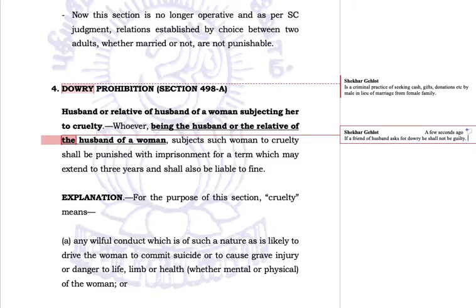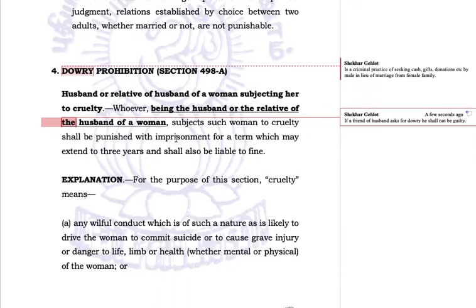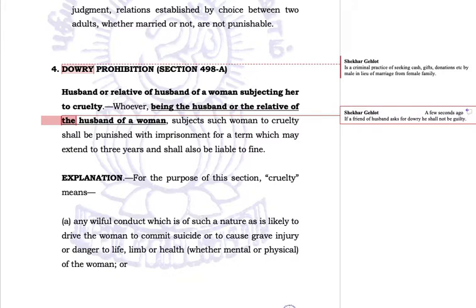Why? Because the act says husband or the relative of the husband. A friend definitely is not a relative. So this is the Dowry Prohibition Act, and this is how we are dealing with the meanness of dowry in society through the instrument of the law.